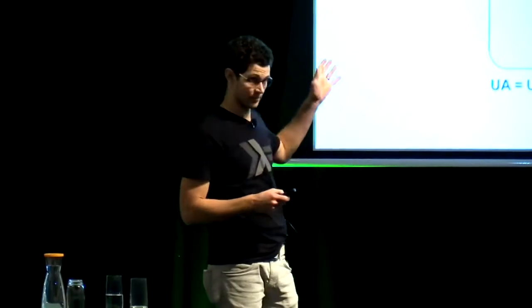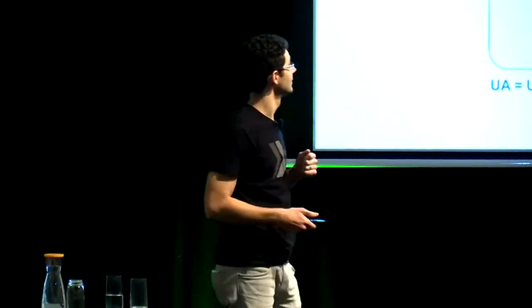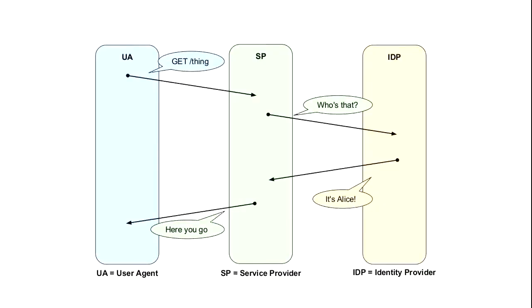So the user agent, on behalf of a user, issues an HTTP request to the service provider. Hey, get me this thing. I want the thing. And the service provider doesn't know who the user is at this point. And then the service provider delegates an authentication request to some identity provider.